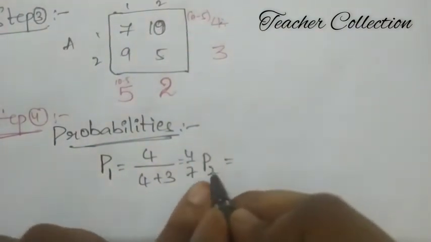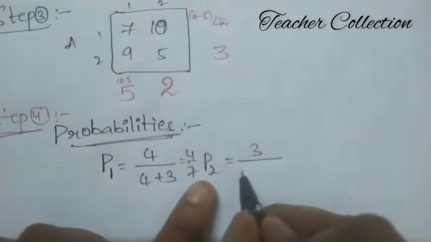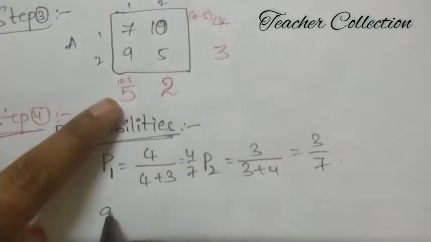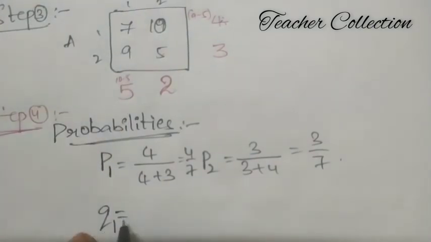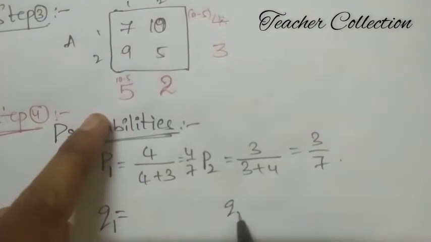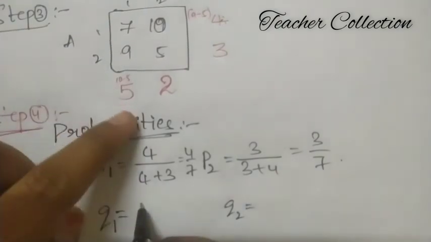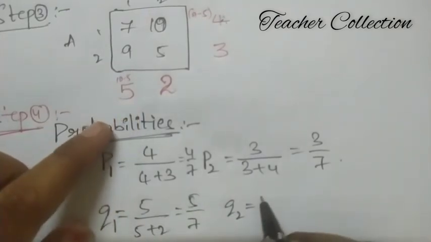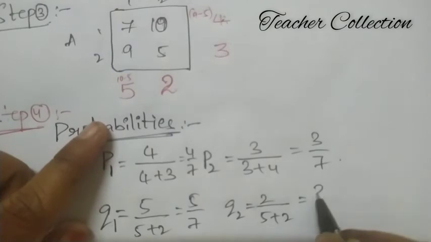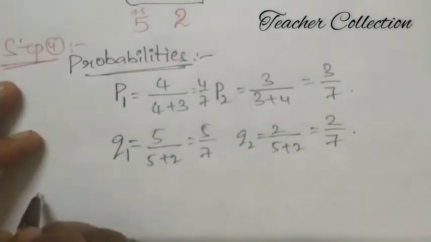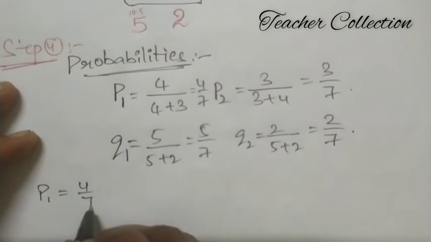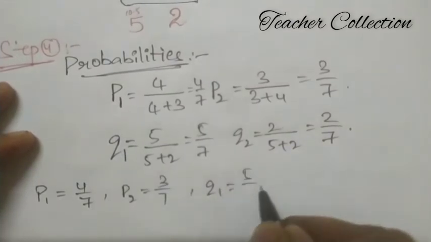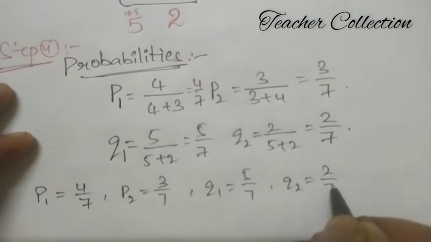For P2, 3 by 3 plus 4, that is 3 by 7. And these are the probabilities of player B, Q1 and Q2. Q1 is 5 by 5 plus 2, that is 5 by 7. And Q2 is 2 by 5 plus 2, that is 2 by 7. So P1 is 4 by 7, P2 is 3 by 7, Q1 is 5 by 7, and Q2 is 2 by 7.